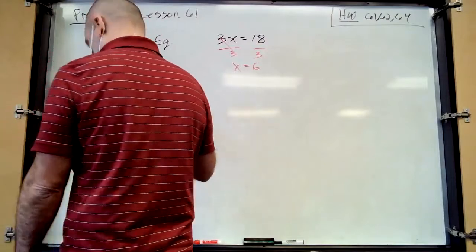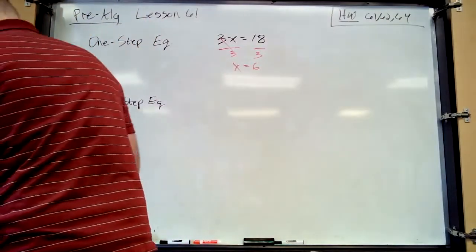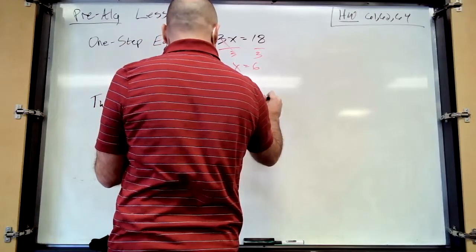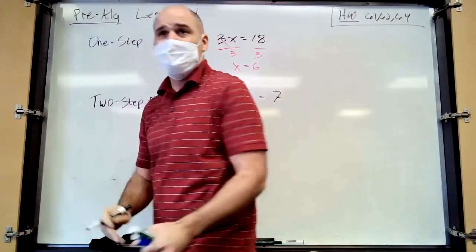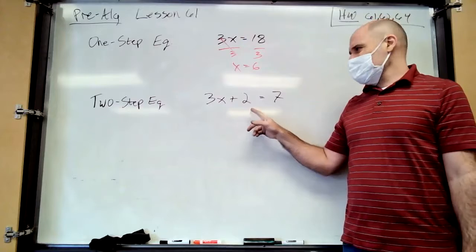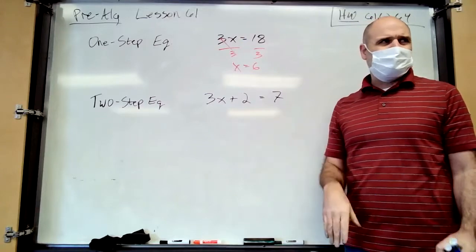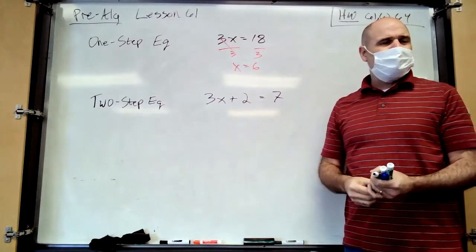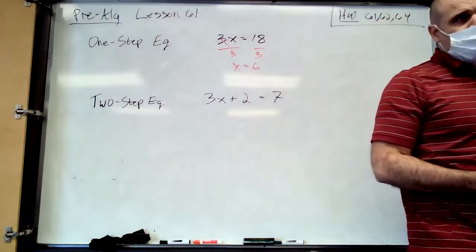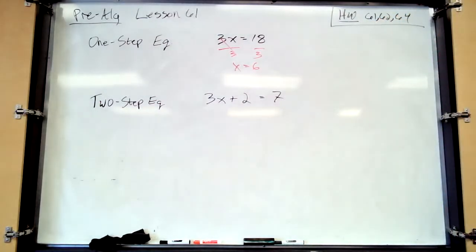Okay, so this is another equation, but instead of just getting rid of the 3, you have to get rid of this guy too, right? So how do we do this one?